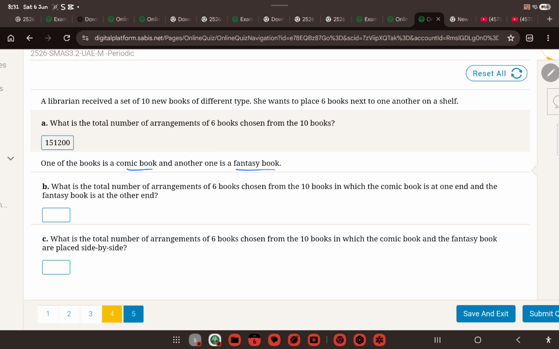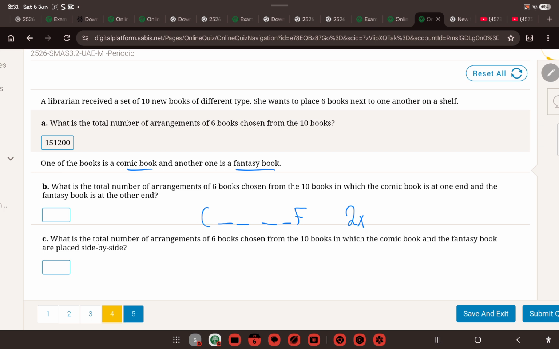Now one of the books is a comic book and the other one is a fantasy book. What is the total number of arrangements of 6 books chosen from 10 books in which the comic book is at one end and the fantasy book is at the other end? So we have C, 1, 2, 3, 4, 5, 6. They did not mention which end the comic is at and which end the fantasy is at, so we do 2 times.